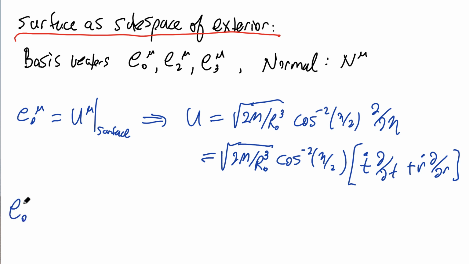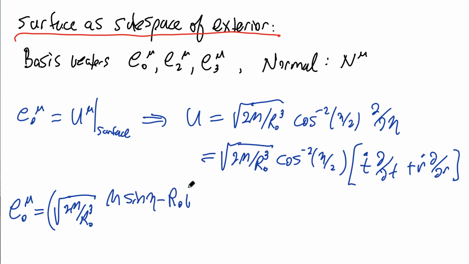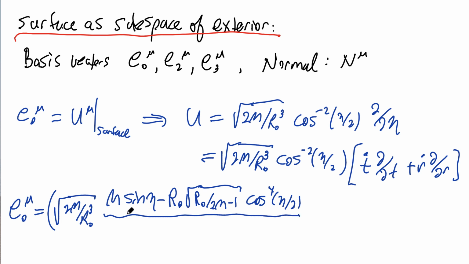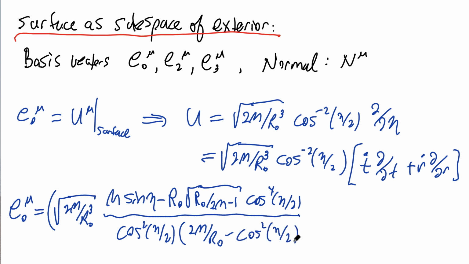So when we put all that together, we find that E0 has the first component, the t component, equal to square root of 2m over r naught cubed times m times sine of eta minus r naught times the square root of r naught over 2m minus 1 times cosine to the 4th power of eta over 2, all of that divided by cosine squared of eta over 2 times 2m over r naught minus cosine squared of eta over 2.